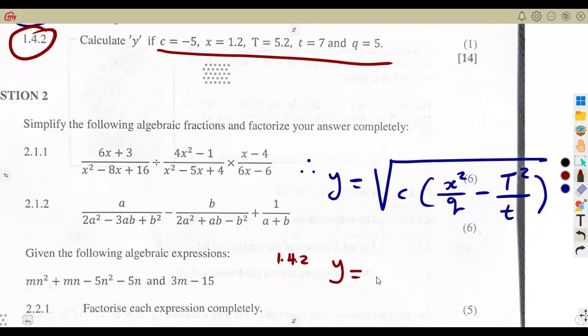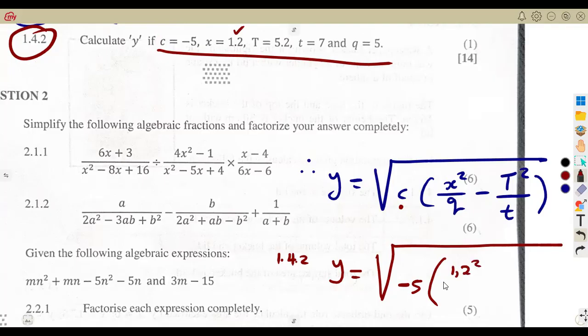So y is equal to the square root of c. According to this information, c is minus 5. So that's minus 5, open the bracket. We've got x squared. X is 1.2, so that's 1.2 squared over q, which is 5, minus t squared.